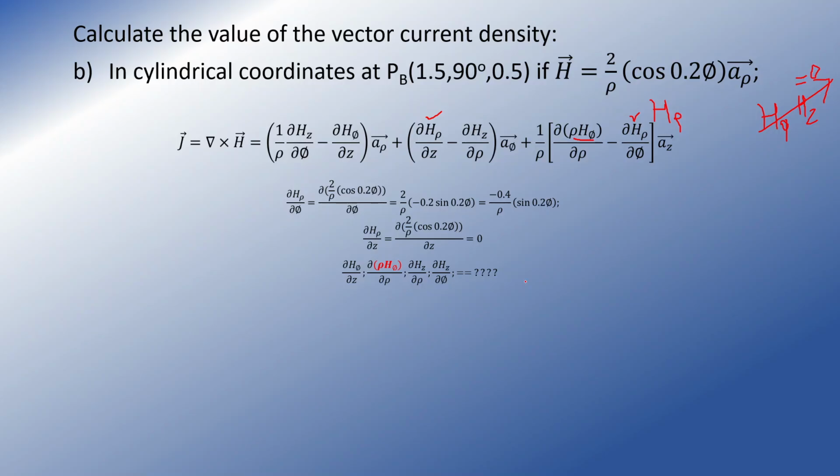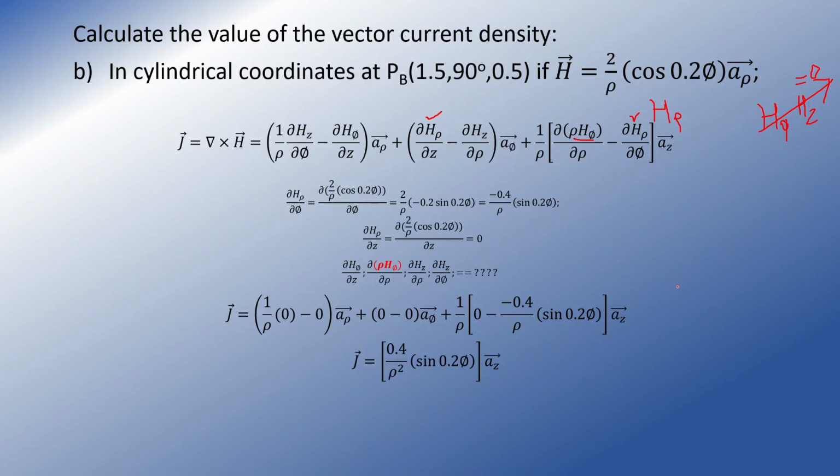Now let us substitute it. So this is 0. The second term is also 0. For a phi, both the terms are 0, we have calculated and substituted. And lastly, we have a 1 by rho here and substituted terms. Simplify the given vector.